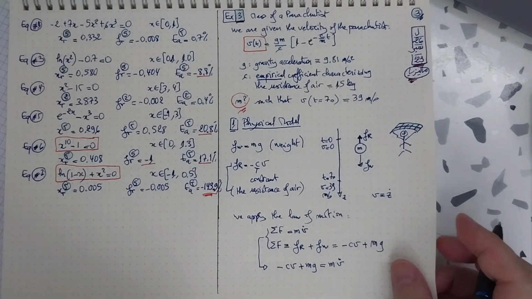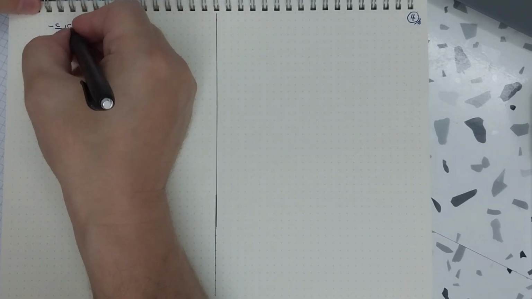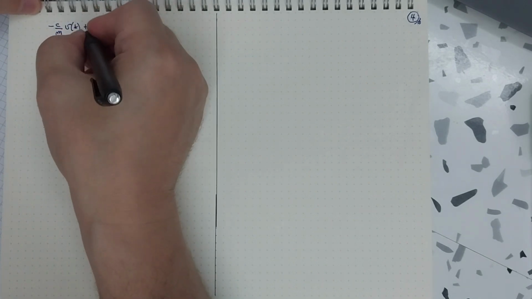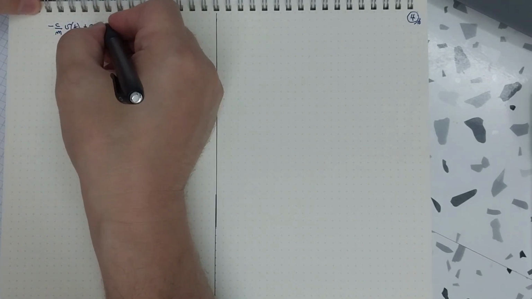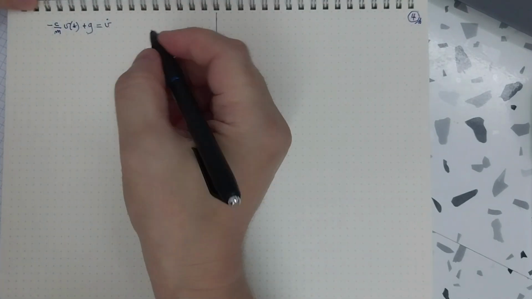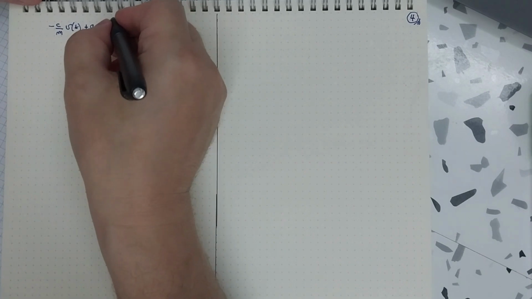Or, let's continue here. We have minus C over m v(t) plus g equal the velocity dot, the derivative of the velocity. The law of motion gives us this equation. And what is that?